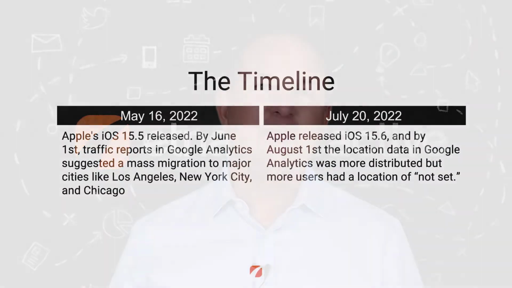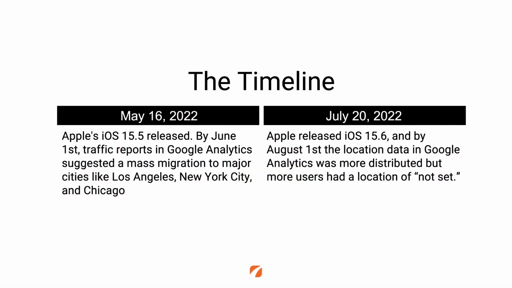So let's talk really quickly about the two specific changes, because if you're someone who looks closely at your data in Google Analytics, when you're looking at data that includes users of the Safari browser or the Mac operating systems, you're going to have seen two different types of skewing of your data. After May 16th, and usually we see a couple of weeks for those rollouts to complete, so by roughly June 1, iOS 15.5 released.